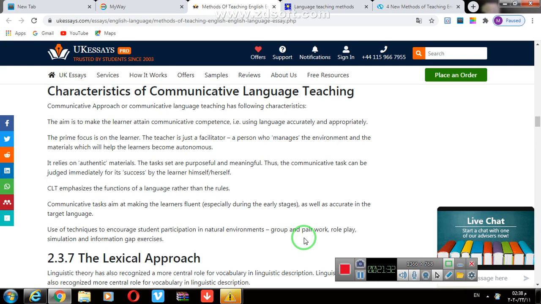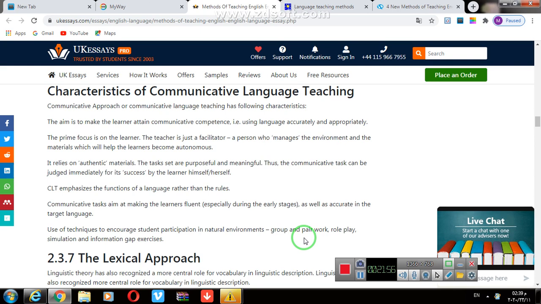So I hope you have enjoyed reading the lesson. So please study it carefully. Study the four methods I have just discussed: the grammar translation method, the direct method, the audio-lingual method, that is the oral method, and the communicative language teaching method.